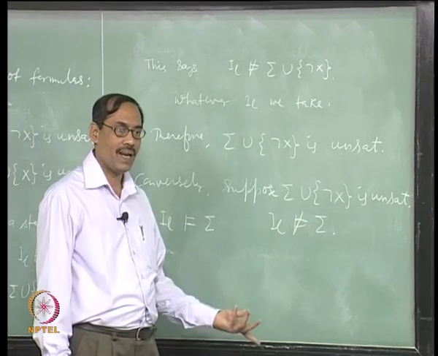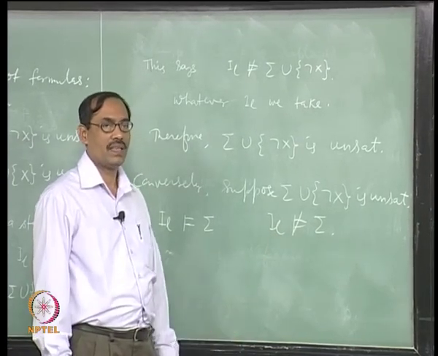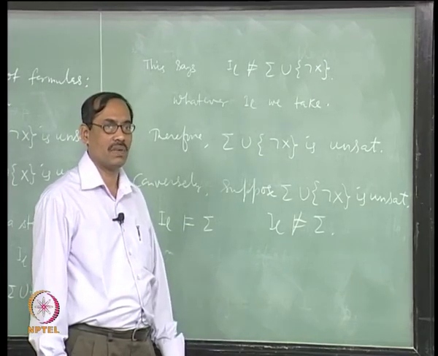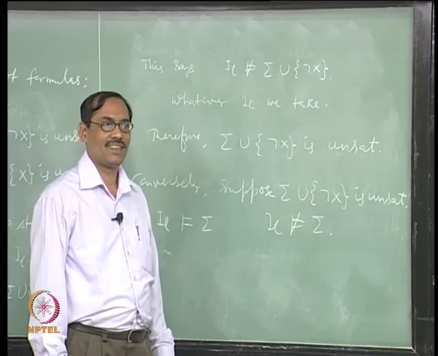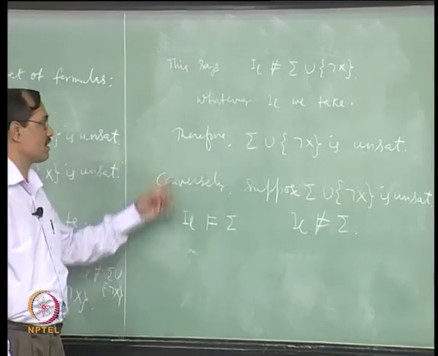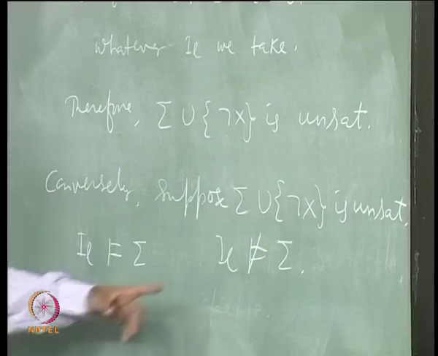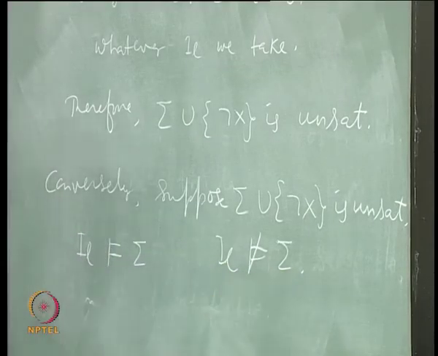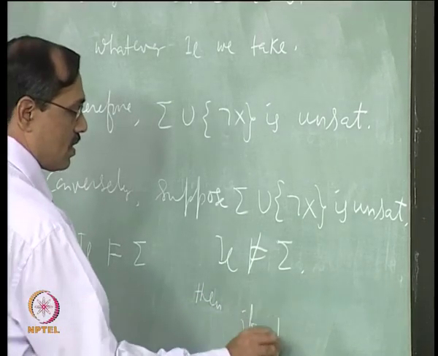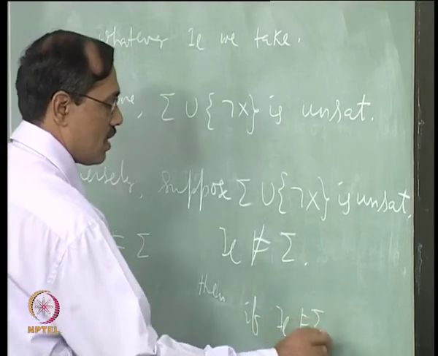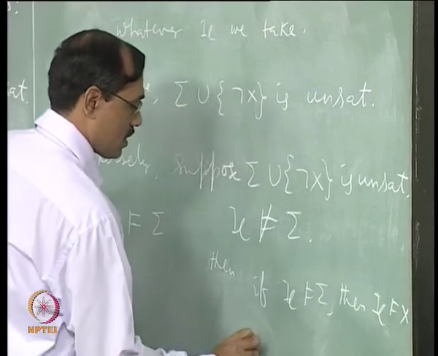So, for all those IL, the statement if IL satisfies sigma, then IL satisfies X is true vacuously, right. That is what we want, sigma entails X, fine. So, when IL does not satisfy sigma, then if IL satisfies sigma, then IL satisfies X is vacuously true.